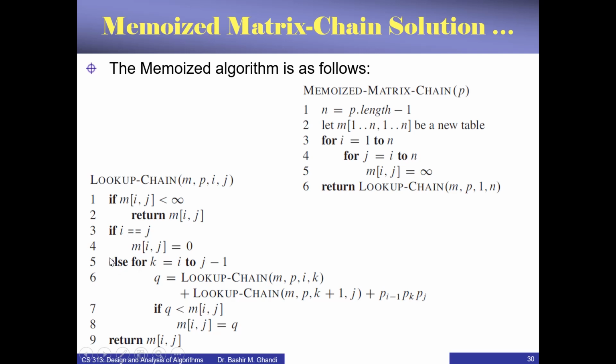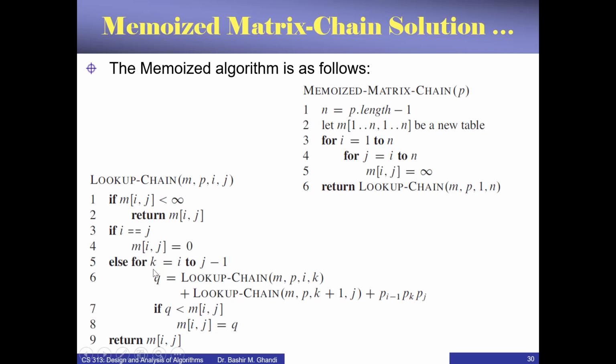Now what if i is not equal to j? Then in that case we have to do the recursive calls, and we have to do that in a loop, trying to compute the smallest value of q. So we need to run k from i to j minus 1, do a recursive call from i to k, plus the result of the recursive call from k plus 1 to j, plus p[i-1] p[k] p[j]. Compute your q.